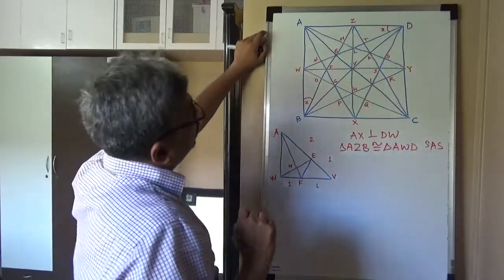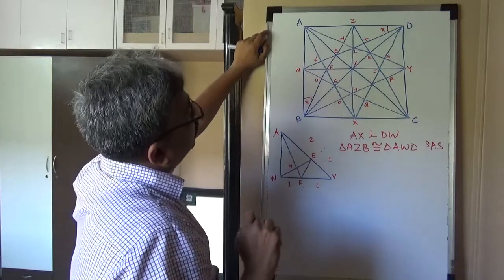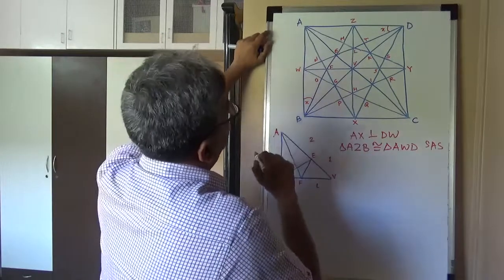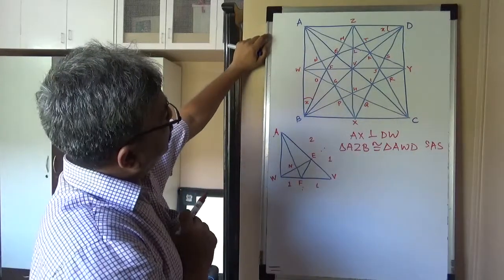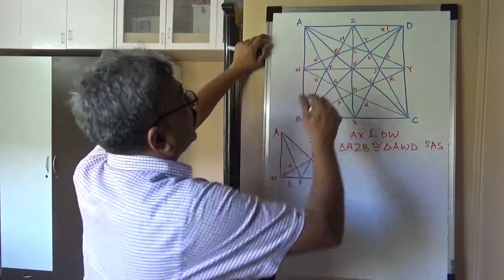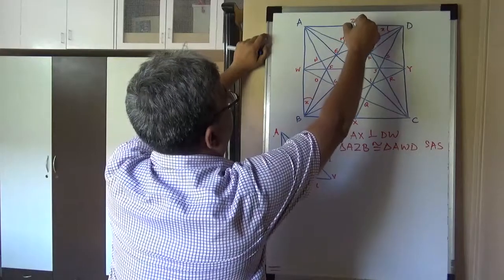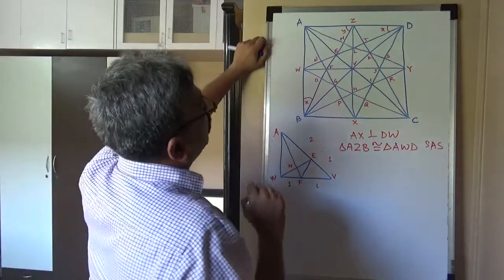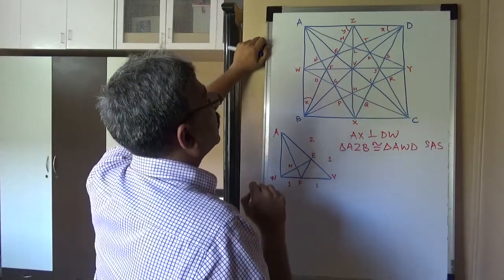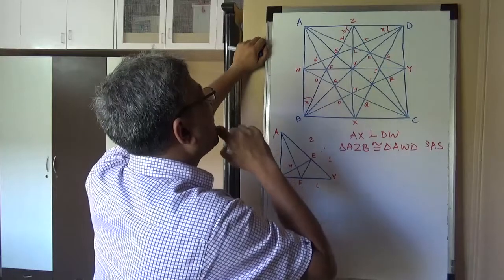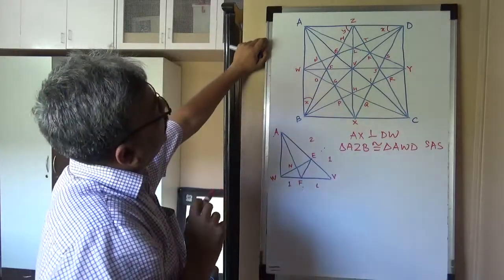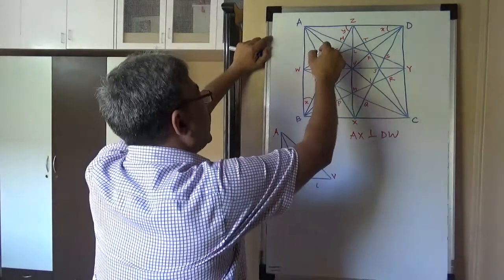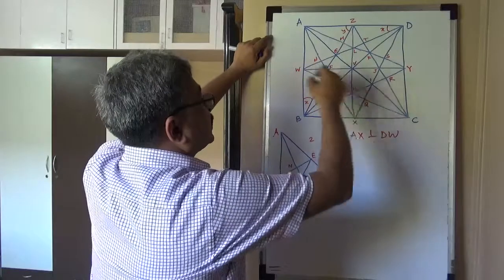Is that right? And this angle, which triangle? AZB. So this angle is going to be Y, and X plus Y is 90. Am I considering the correct triangles? Okay, let us consider, we want to show this angle is 90 degrees, AX and DW.